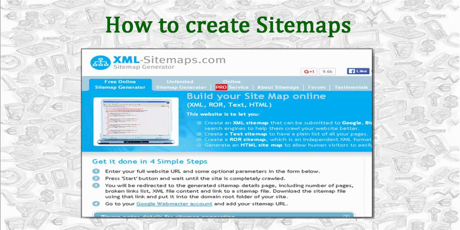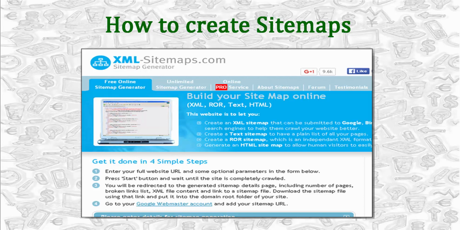You need to submit your website URL. You need to assign the date as to when you're generating that particular sitemap. You need to place the priority so that, when the sitemap is being configured, the generator on its own figures out which URL to place high and which URL to place low. And then you press the create button. Your sitemaps will be generated automatically.